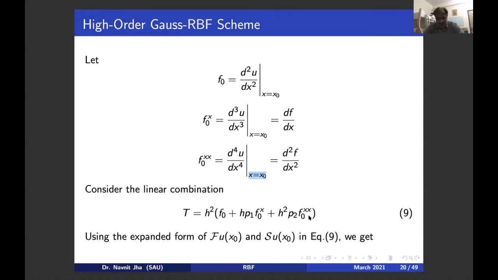So f naught xx is the fourth order derivative. As you have seen, in the first order derivative, it is division by h. In the second order derivative, it is division by h square. Similarly, in the third order derivative, you will have division by h cube. In the fourth order, it is division by h4. So this is the u fourth derivative, and when we multiply throughout by h square, the last term comes out to be h4. Is it clear to all?